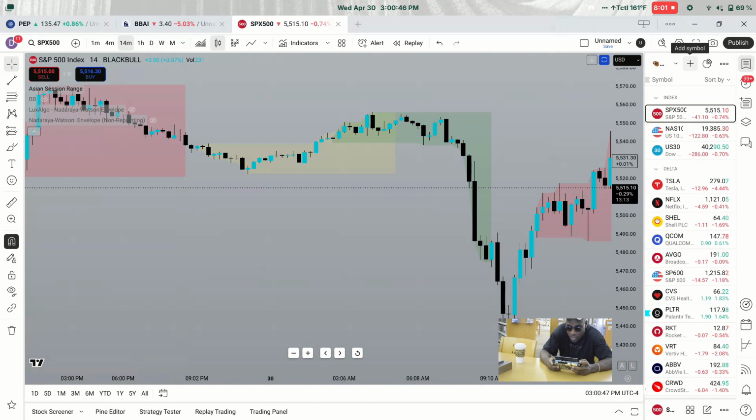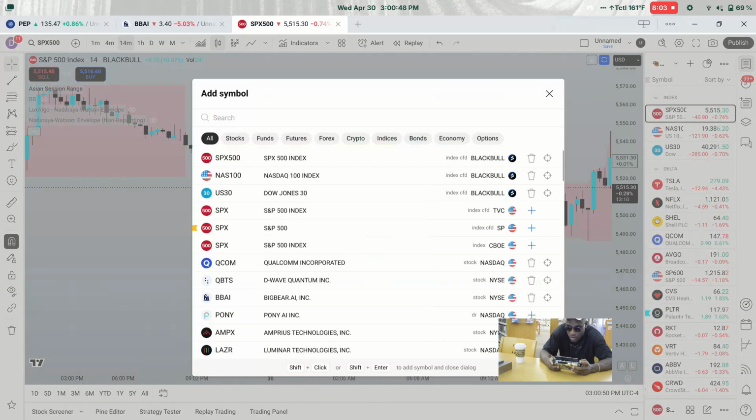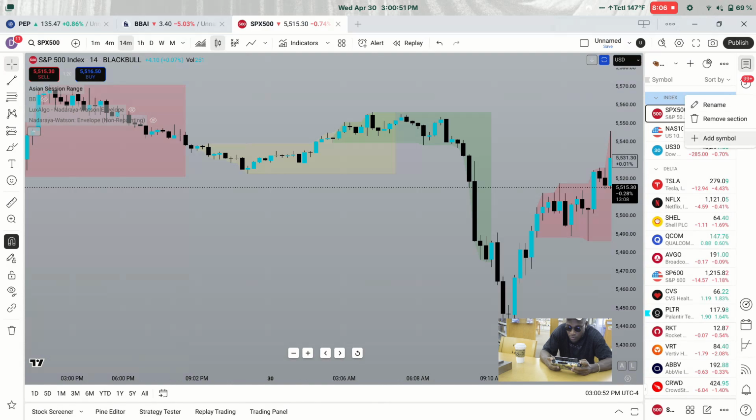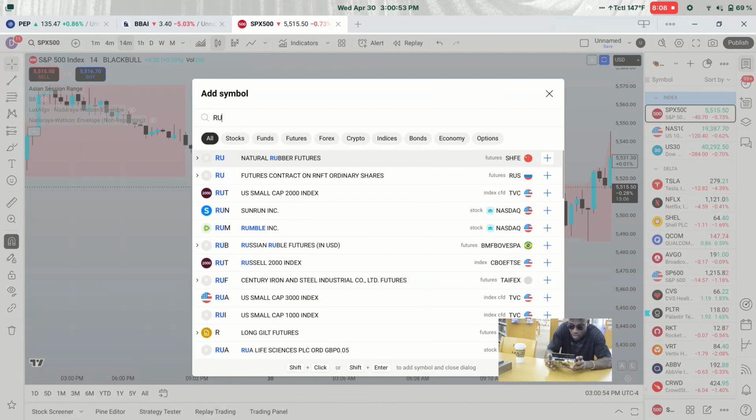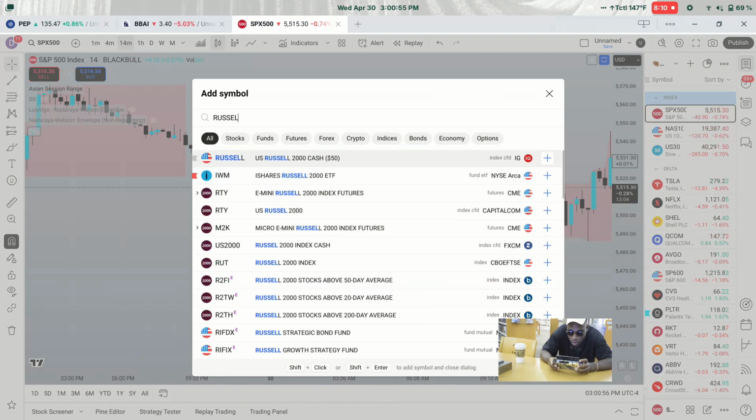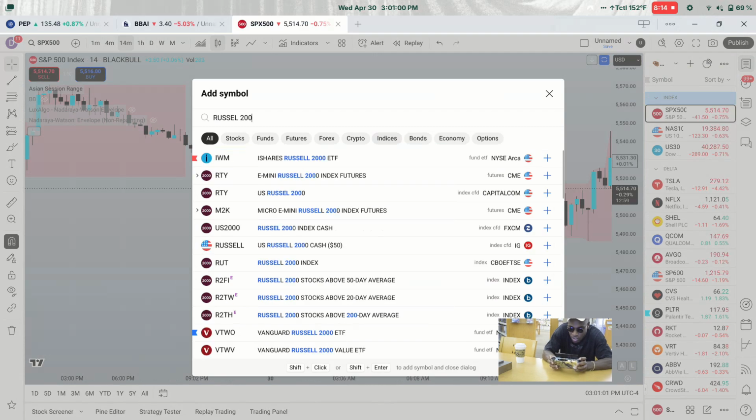And one more we need to add is for small caps, which is very, very important. Russell 2000, if they have it.